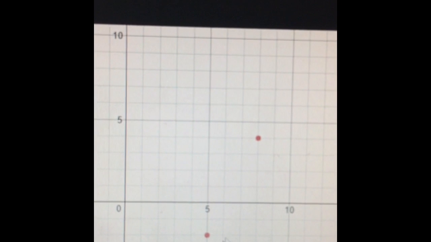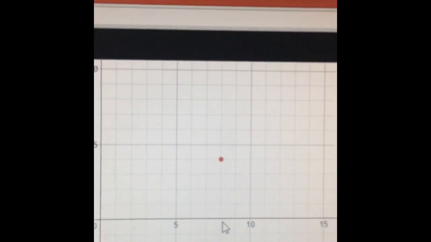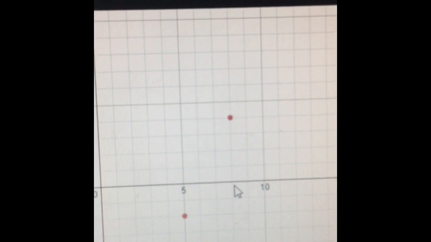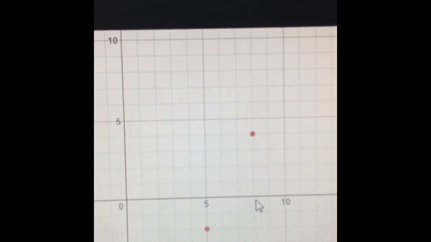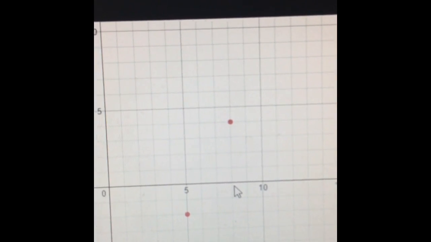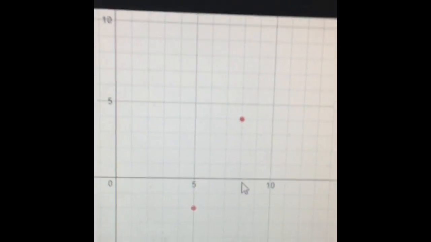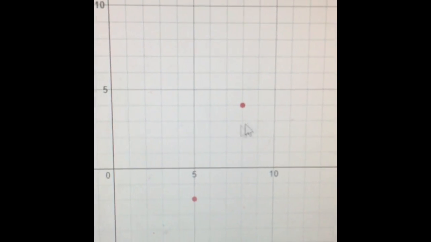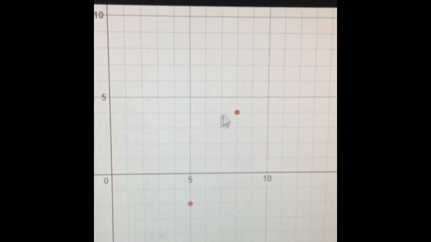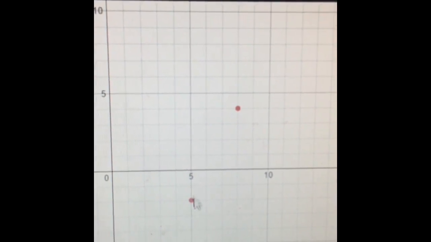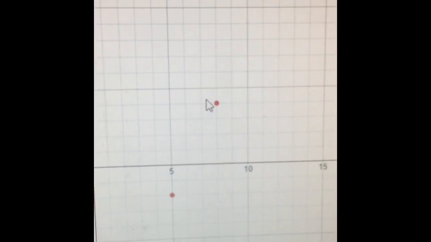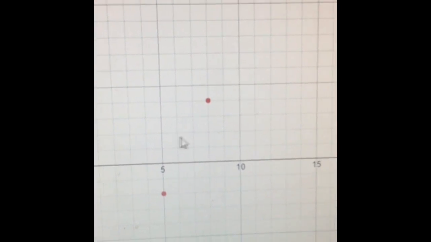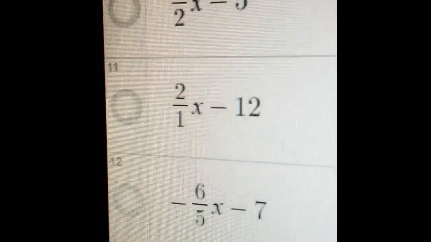My bad, it's not 6 and 4, it's 6 and 3. So when you divide 6 by 3 and 3 by 3, you get 2 and 1. And so that is our slope right here in the equation, 2 over 1 x.